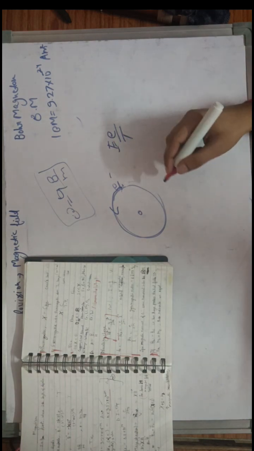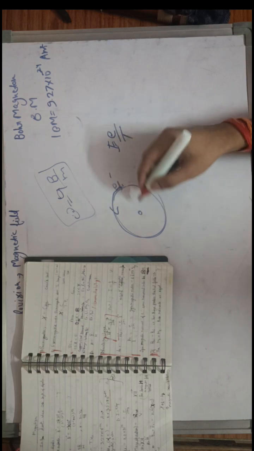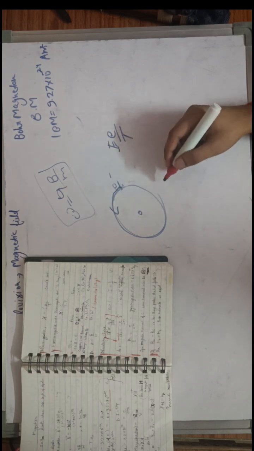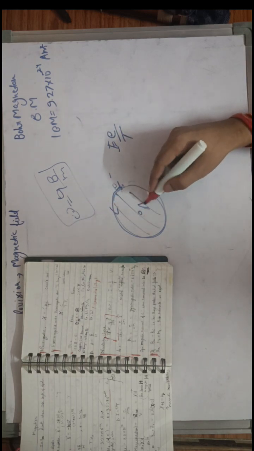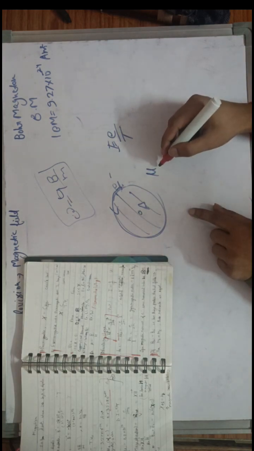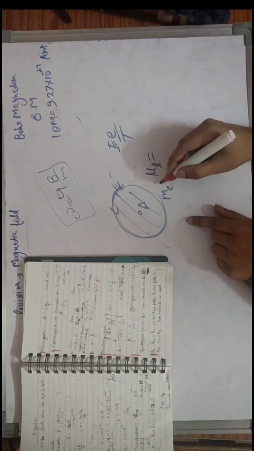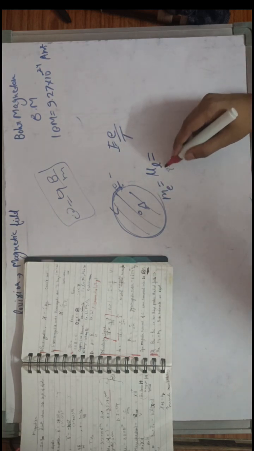The magnetic moment due to this moving charge, the orbital magnetic moment, is denoted by the sign mu L. This is the magnetic moment of the orbiting electron.